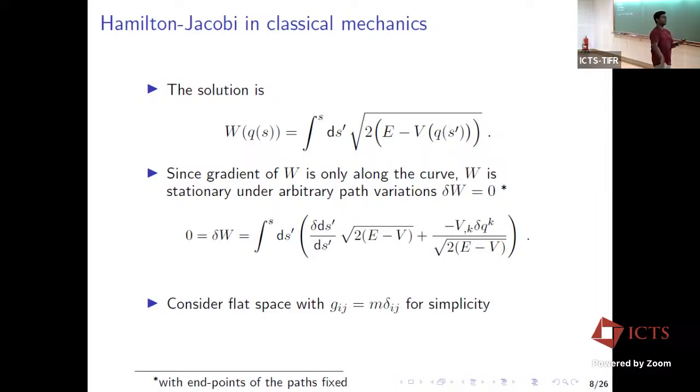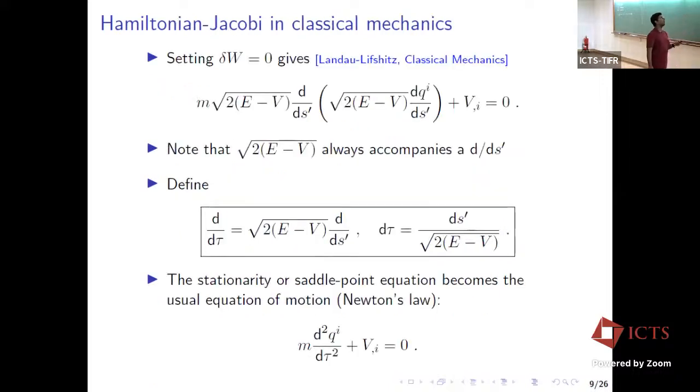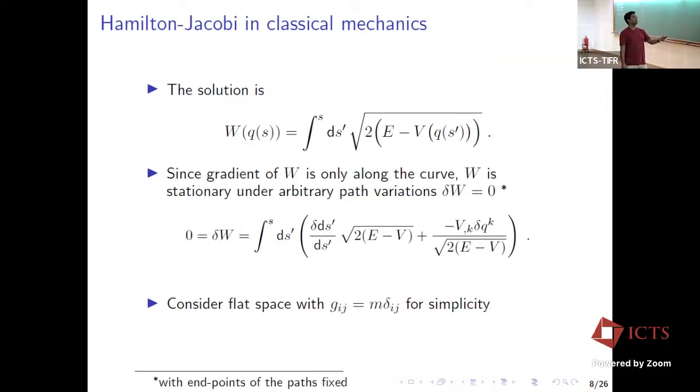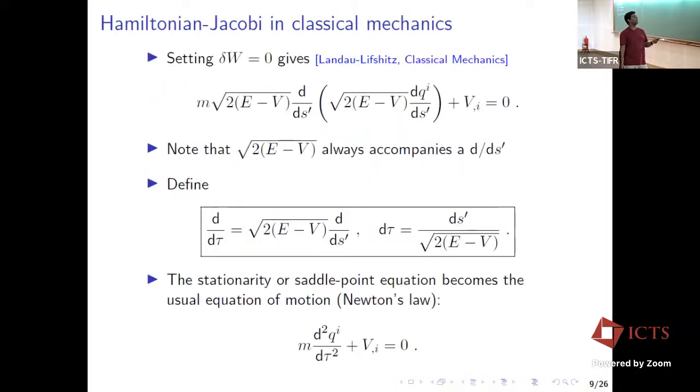And we'll present the result for flat space where this m is some positive number. And then it turns out that the equation, after you plug in this quantity here, takes the suggestive form, where you see that the derivative with respect to the path parameter always is accompanied by this combination of the quantities defined on configuration space.